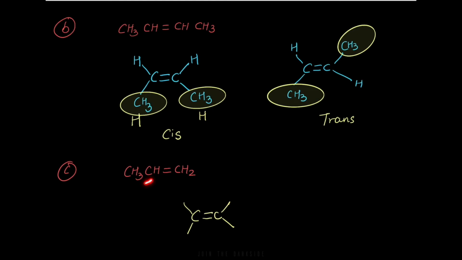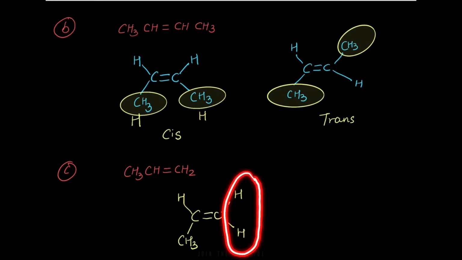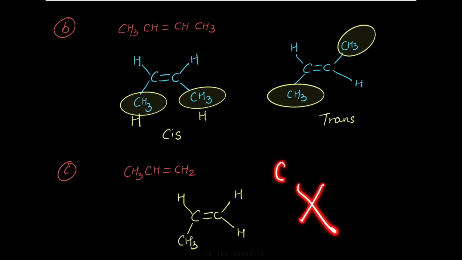So this carbon has hydrogen and CH3, and this carbon has two hydrogens, so it's going to be like this. Now for this compound, you will not be able to assign the priority. So both are exactly the same groups, right? So in that case, this compound is not going to exist in cis or trans configuration. It's not possible at all.